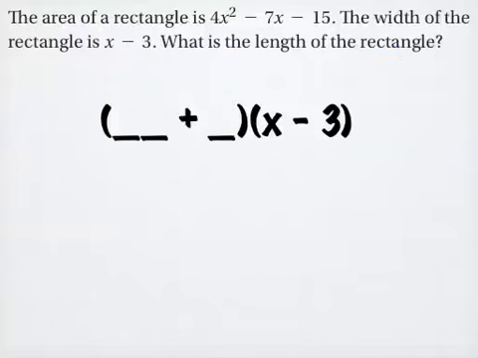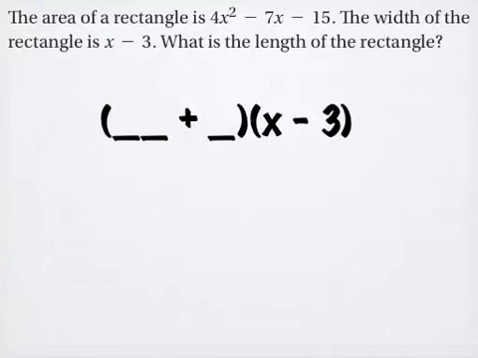This next example says the area of a rectangle is 4x squared minus 7x minus 15. The width of the rectangle is x minus 3. What is the length of the rectangle? To find the area of a rectangle, remember you multiply length times width. I know that one of my binomials is x minus 3 because they tell me the width is x minus 3.